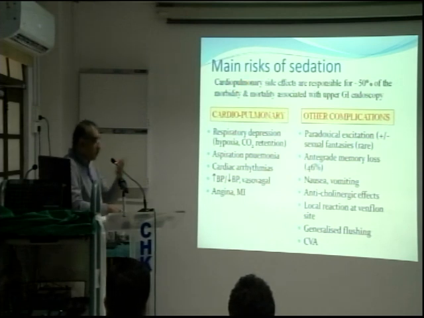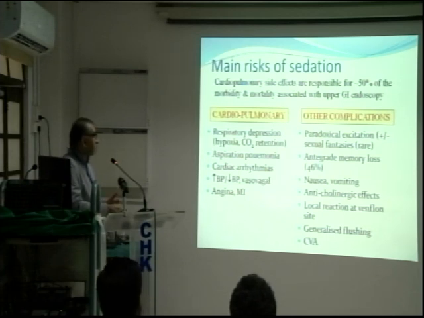They might aspirate gastric contents, cardiac arrhythmias because of the simple fact that they become ischemic, increase or decrease blood pressure, angina, MI. Other paradoxical agitation, that's very rare, sexual fantasies, antegrade amnesia. Very common with drugs like midazolam. Nausea, vomiting, all those effects are there, right?